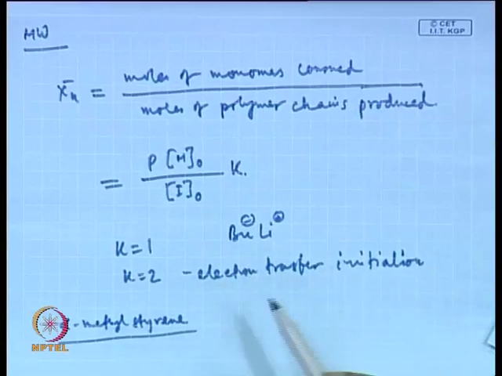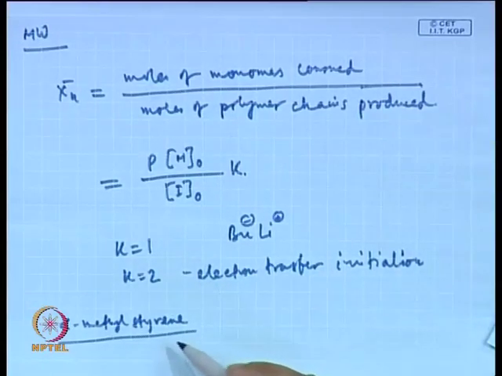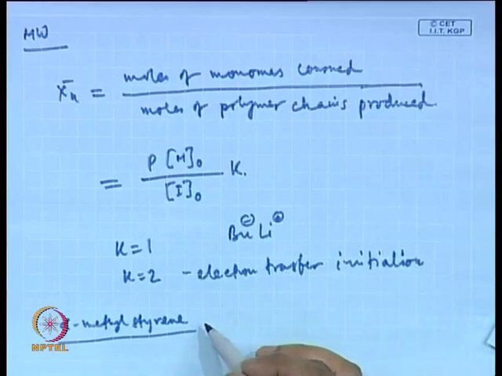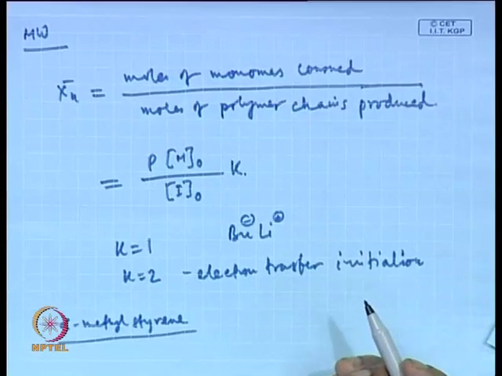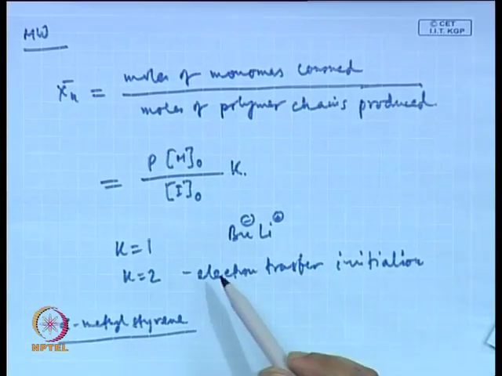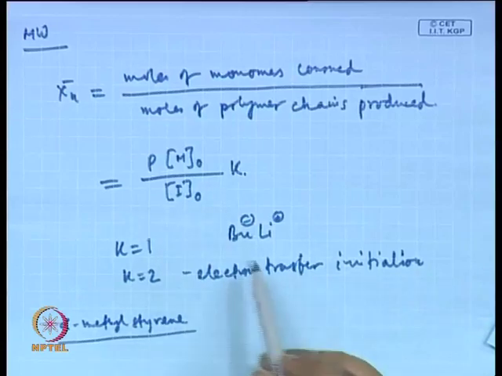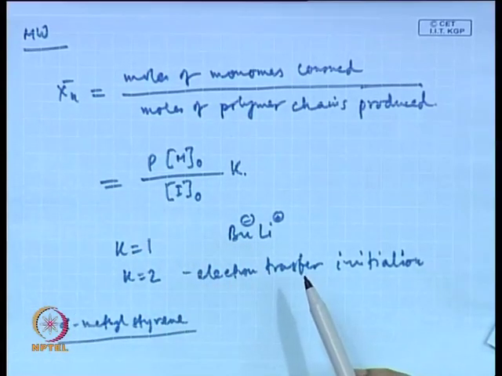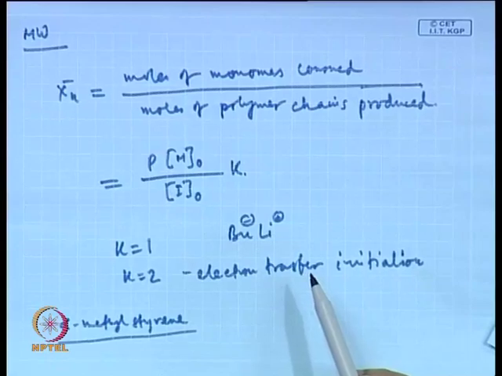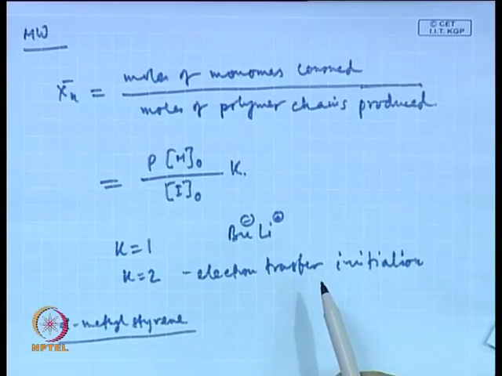But in most of the cases this ceiling temperature is quite high compared to our reaction temperatures. So, those depolymerization reactions do not contribute at all. So, we do not have to worry about the backward reaction. So, we can use this expression to determine the number average degree of polymerization in anionic polymerization.